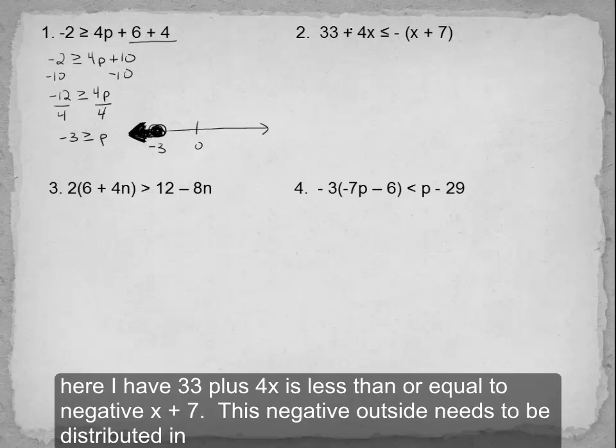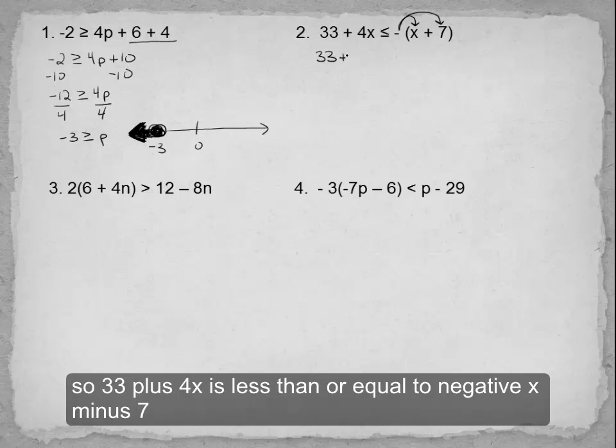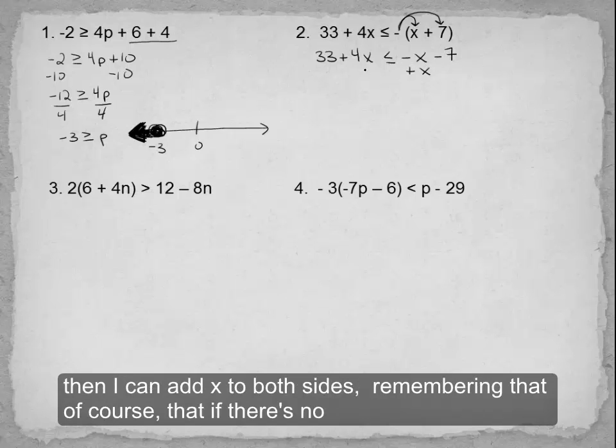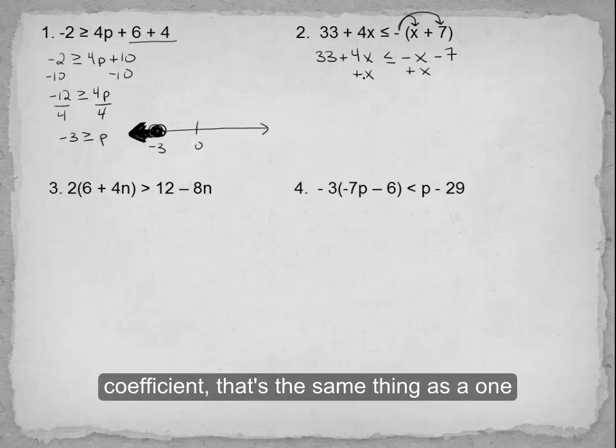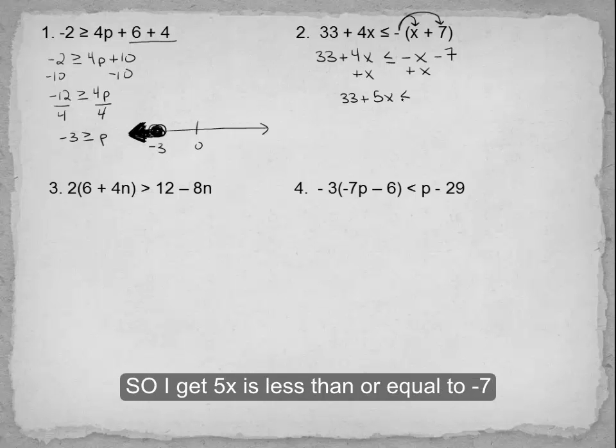Here I have 33 plus 4x is less than or equal to -(x plus 7). This negative outside needs to be distributed in. So 33 plus 4x is less than or equal to -x minus 7. Then I can add x to both sides, remembering that, of course, if there's no coefficient, that's the same thing as a 1. So I get 5x is less than or equal to -7 minus 33.